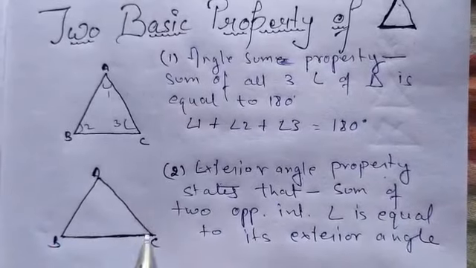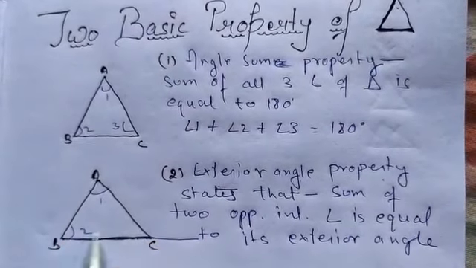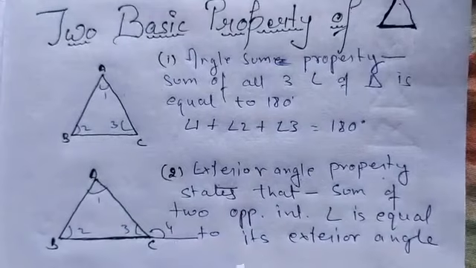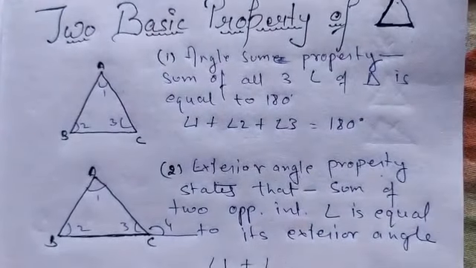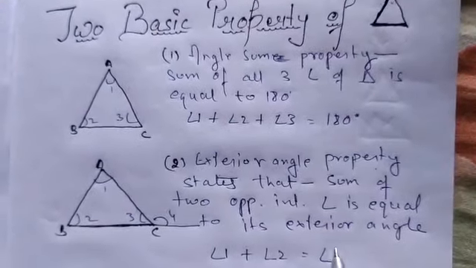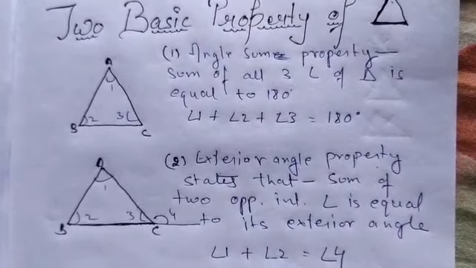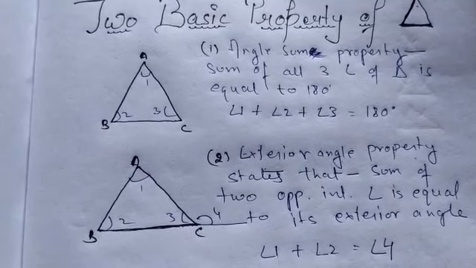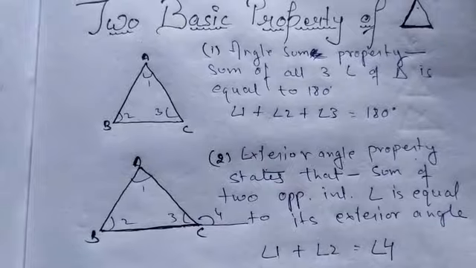For example, in this triangle, angle 1 plus angle 2 is equal to angle 4. Now let's prove both the properties.